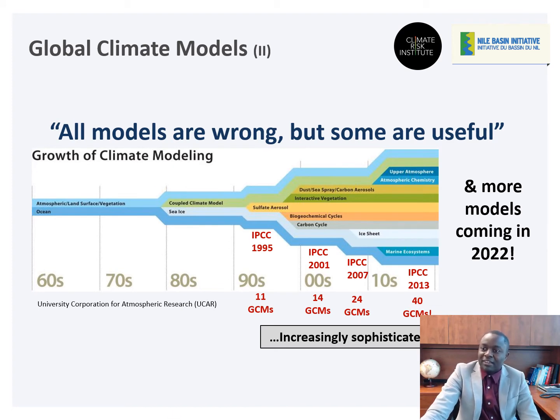Interestingly, all models are wrong, but bear with me, some are useful. And you can see, since the 1960s, climate modeling has been improving significantly, and with higher computing power, the number of models produced during each IPCC assessment have been increasing.